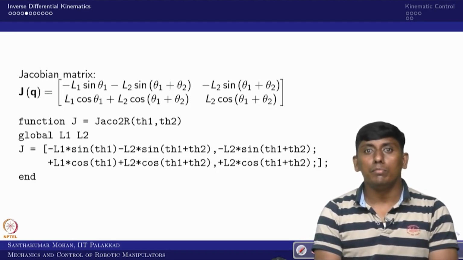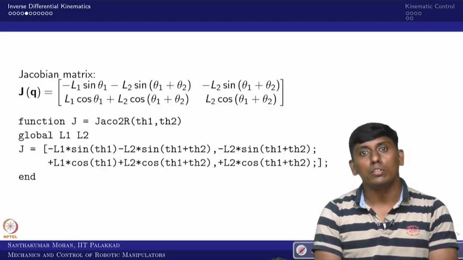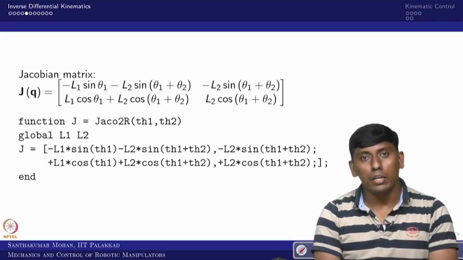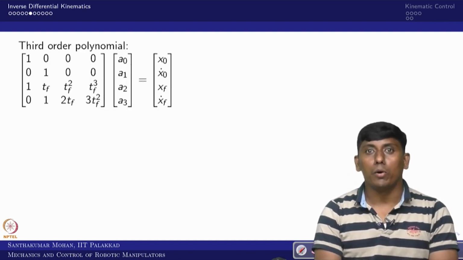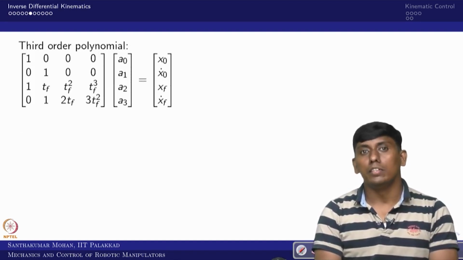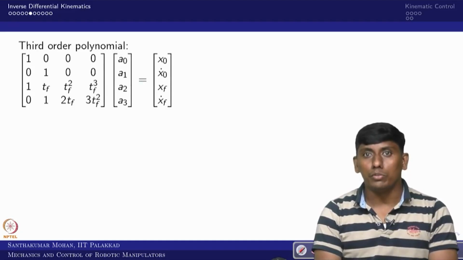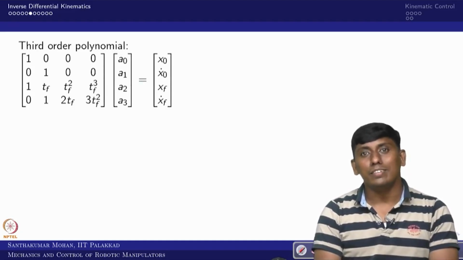Further, what we want is a trajectory, because here we assume that the mu desired and mu desired dot would be there. In that case, one of the easiest ways is to take a cubic polynomial, a third order polynomial. We assume that Tf is given and T0 we have assumed as 0. In general, we take x as the variable.